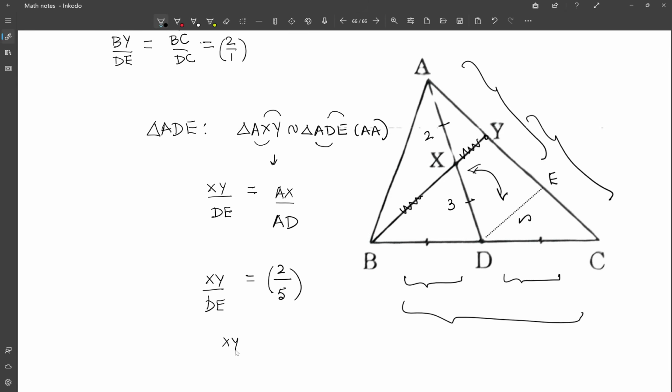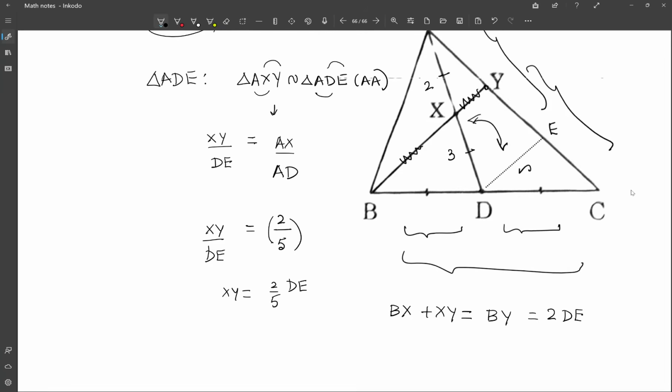So XY is equal to 2 by 5 times DE, and we already know that BY is twice DE. So BX plus XY is equal to BY, which is 2 times DE, correct?